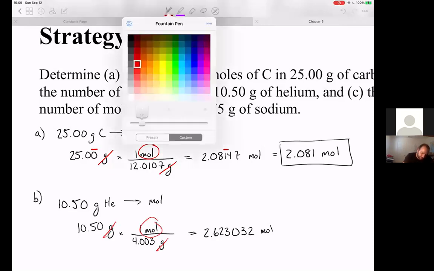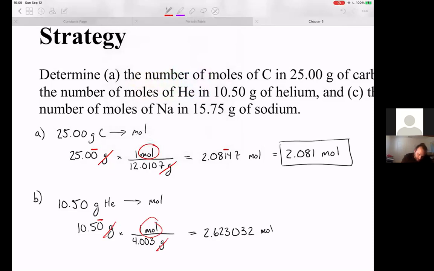And then lastly, to look at sig figs, I have 4 sig figs in this number. So I should have 4 in my answer. Actually, I have 4 in my mass too. So that means I should have 4 in my answer, which means that I have 2.623 moles as my final answer.